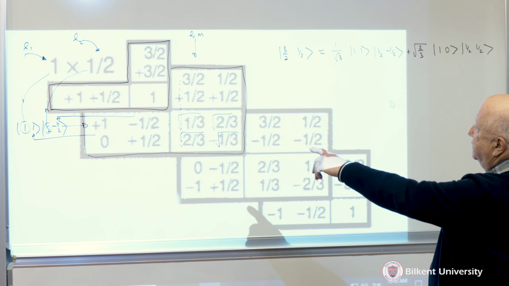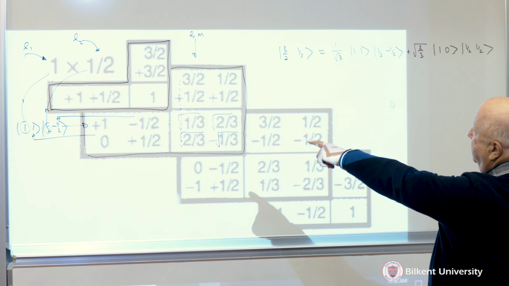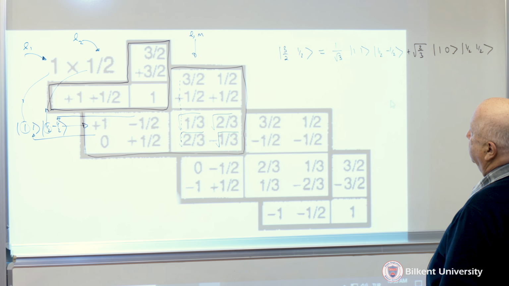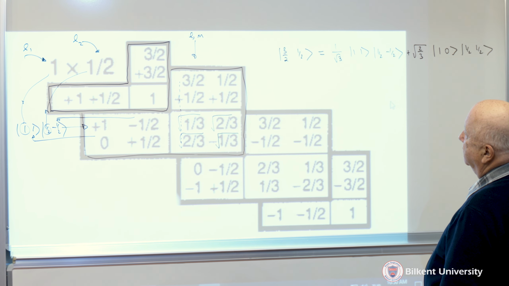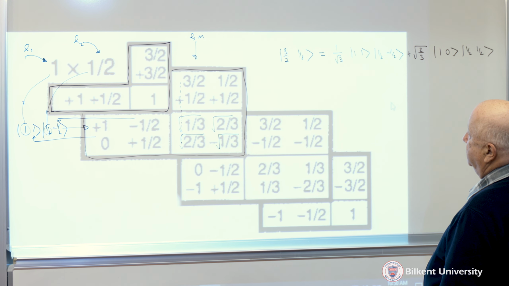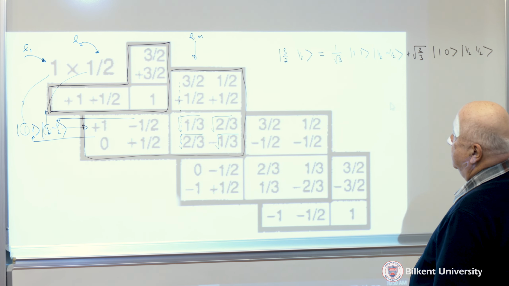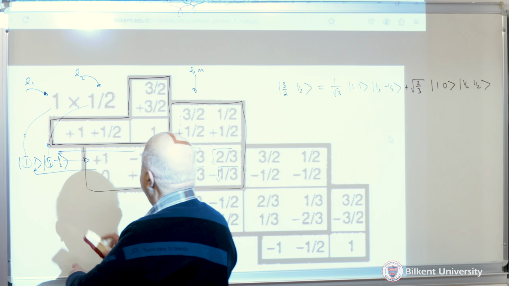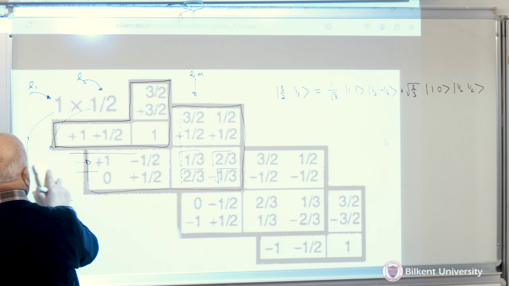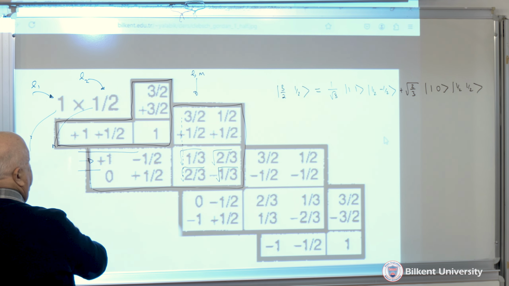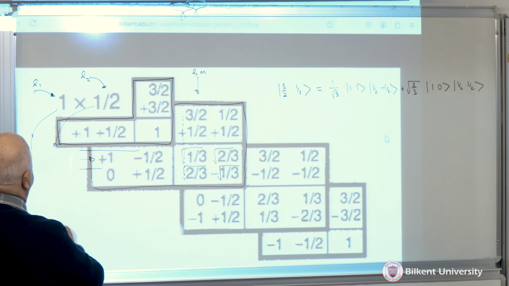So we just look at this row. Sorry, let me reinterpret this. We are doing it correctly, but I just wrote a different relation for it.